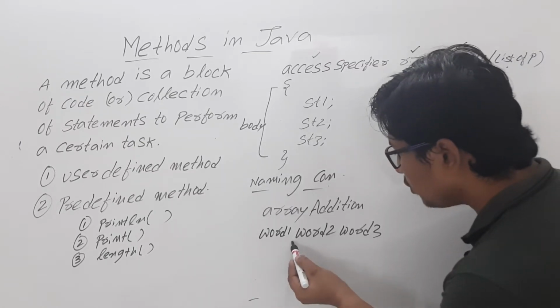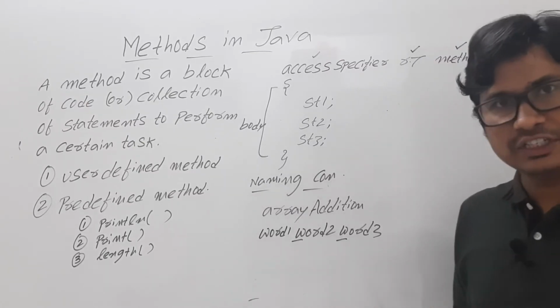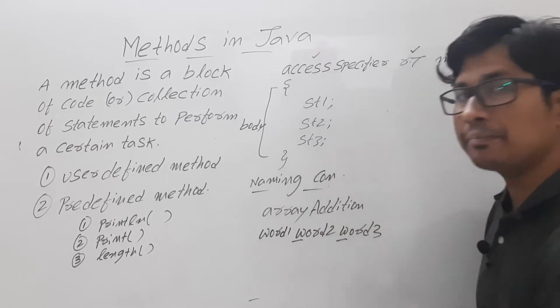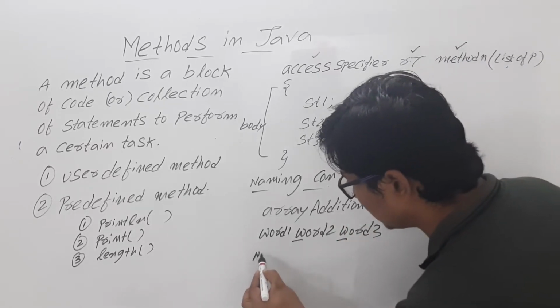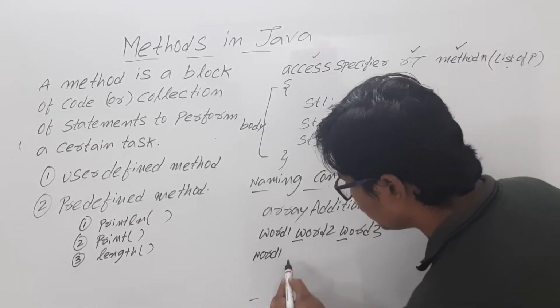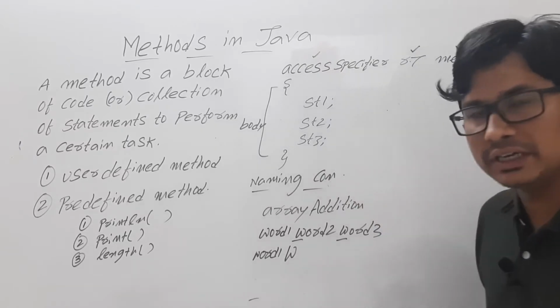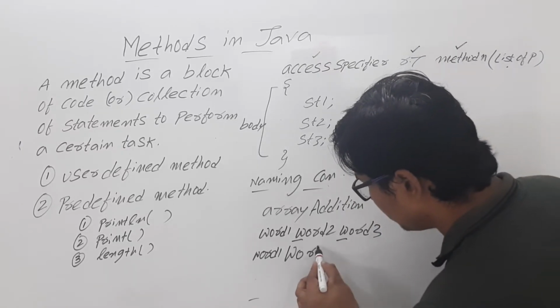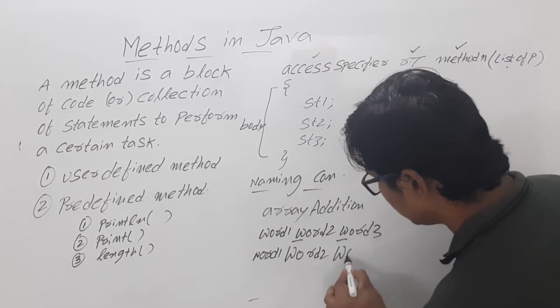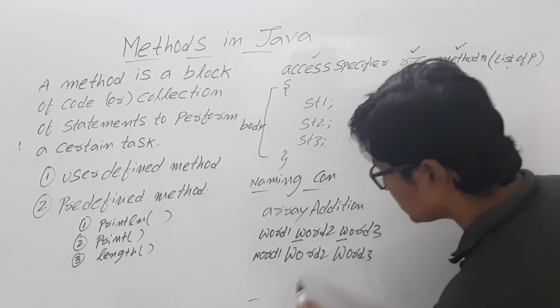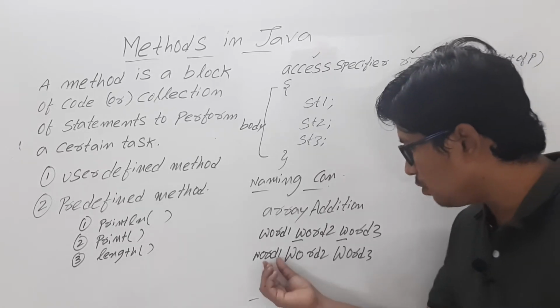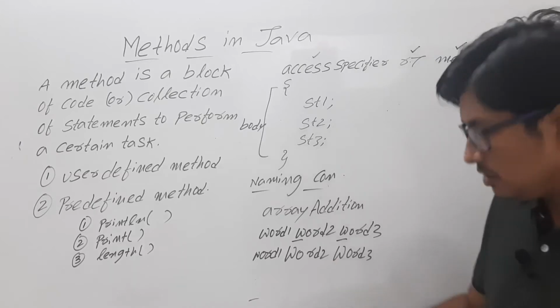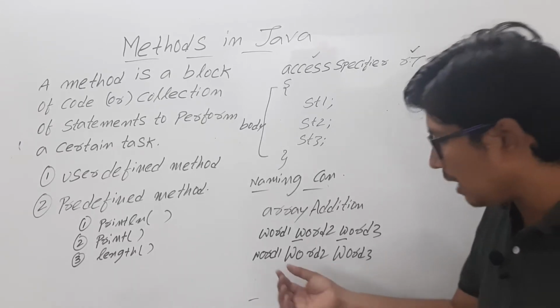From the second word onwards, the first character should be a capital one. So the standard way is word 1, and then capital W, word 2, capital W, word 3. There is no space here. Don't consider word 1 space, word 2 space. Just to make you understand, I am giving a space.